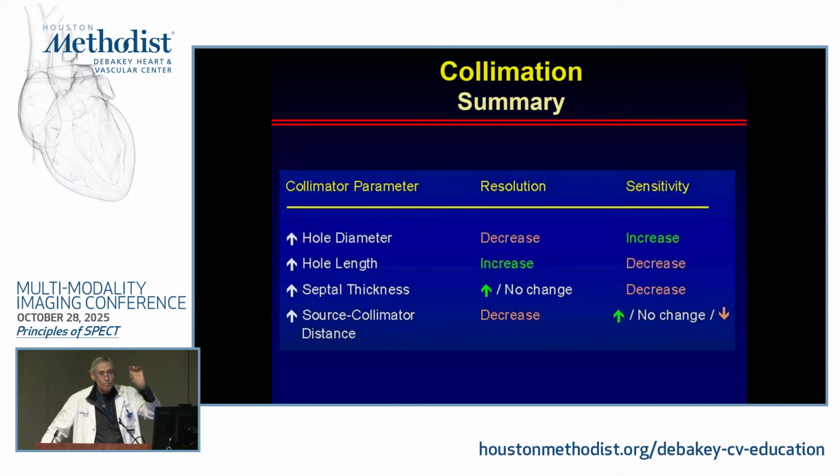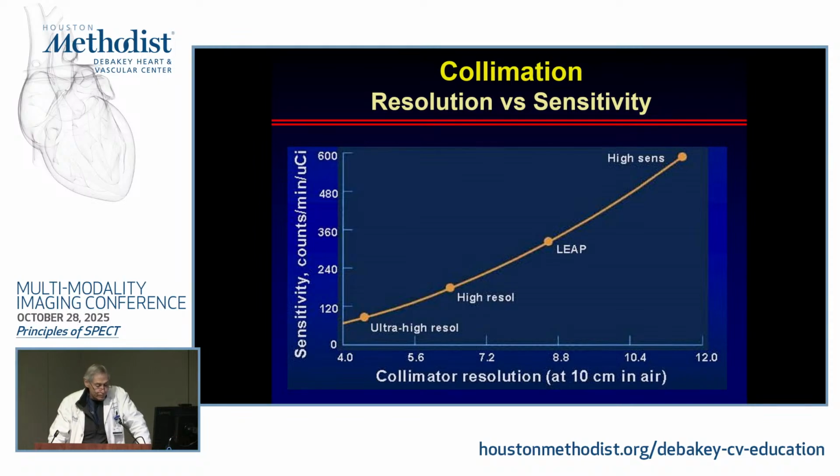And that will give you the best spatial resolution. But you'll have to acquire for a long, long time to be able to get enough counts to make an image, okay? So generally speaking, we have to trade off one for the other in order to get good images.